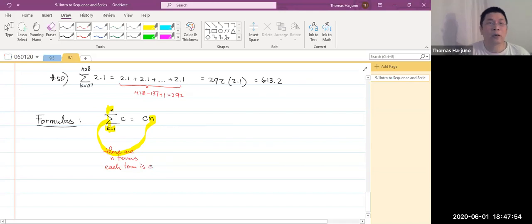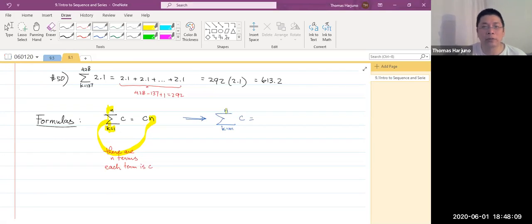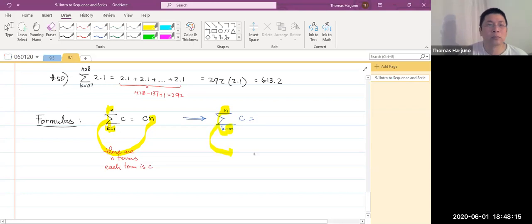Okay, in fact, if I generalize this, suppose my summation actually starts from m up to n of the constant, then let's see how many terms first. There will be n minus m plus 1 terms.